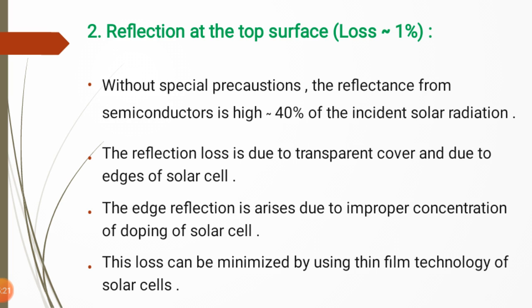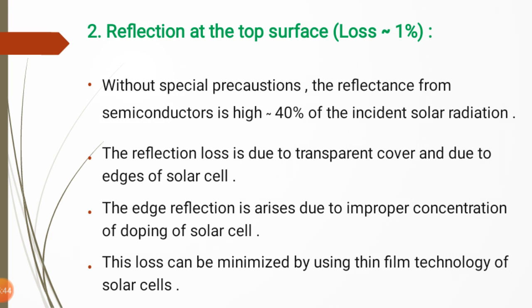If we take some precautions, then the loss is very small, but without any precaution the loss is very high, that is nearly 40%, and this is not good to obtain better efficiency.